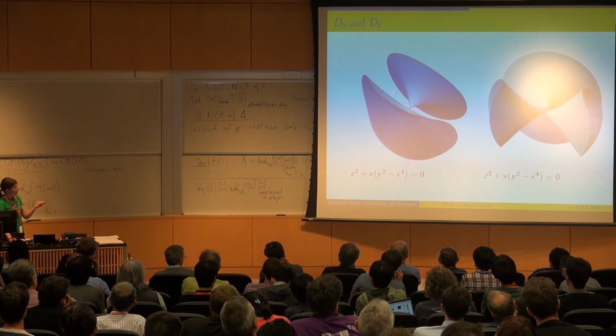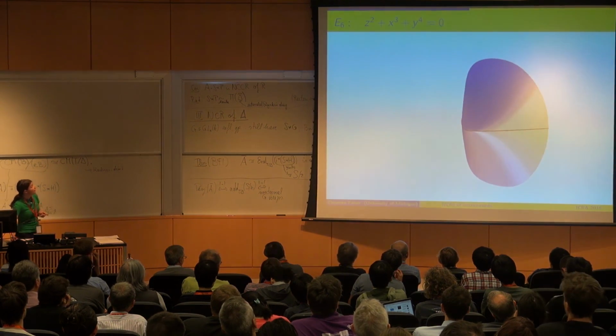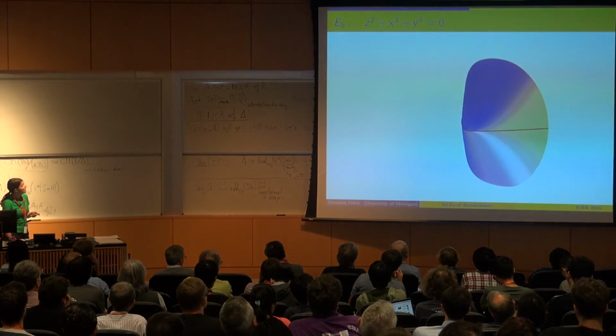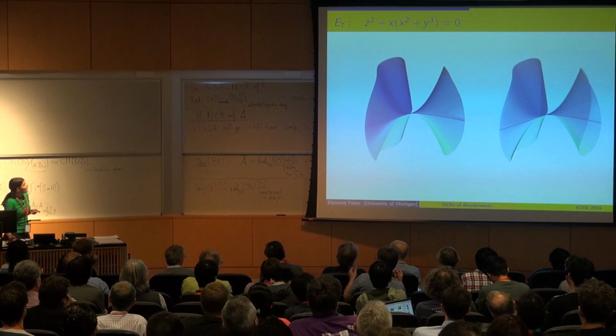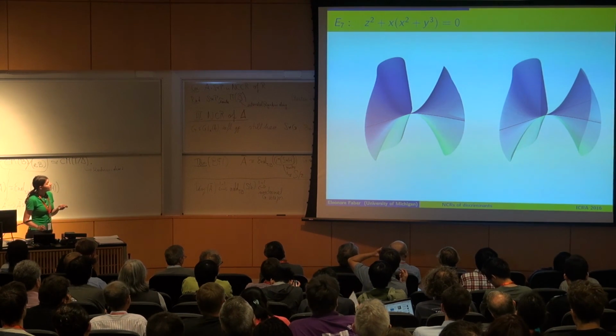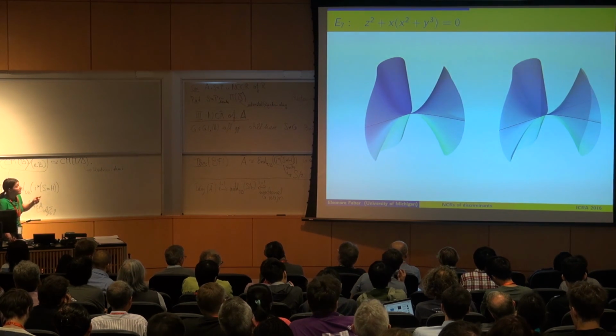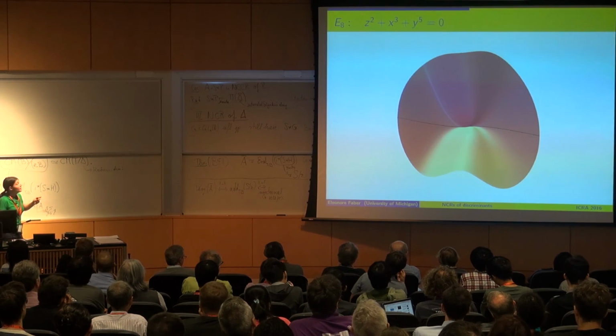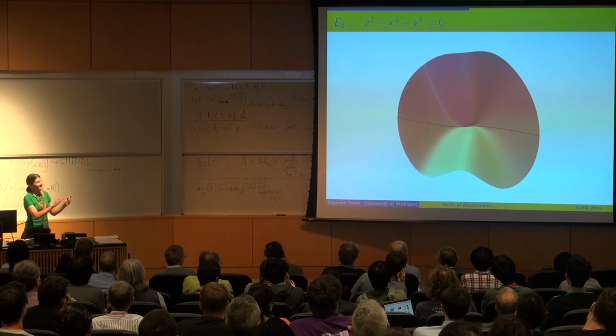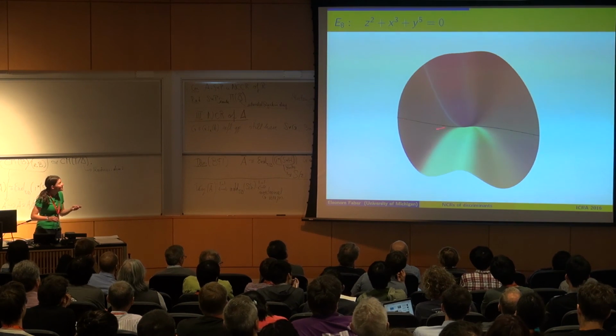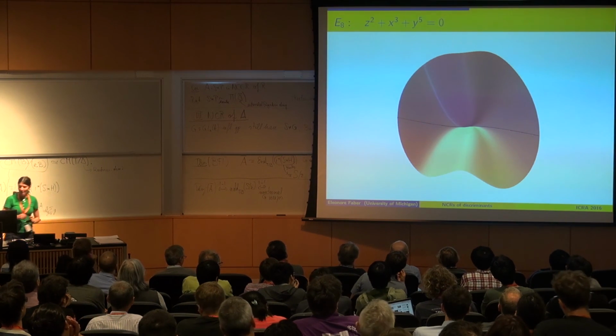Then we have E6, and E7, which already looks quite complicated. And the last one, E8, doesn't look complicated at all, but it is E8. And the discriminant curve is here.